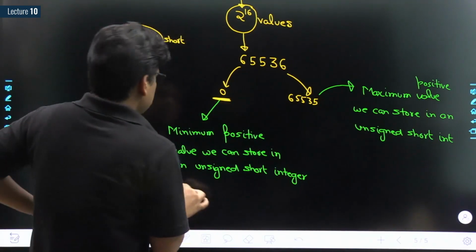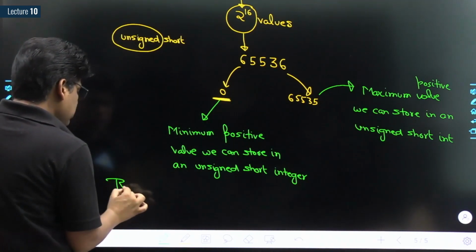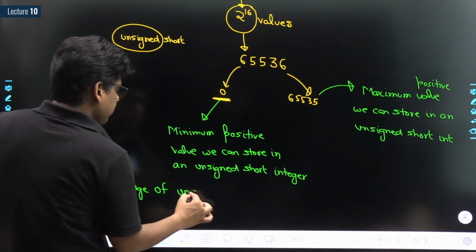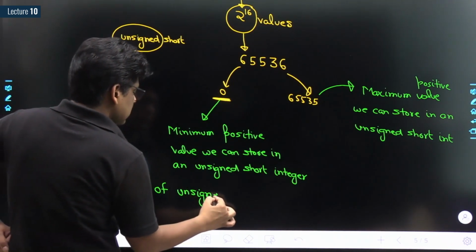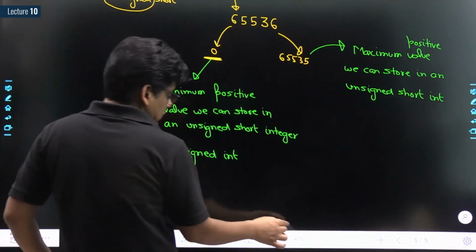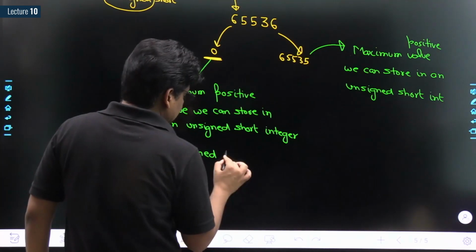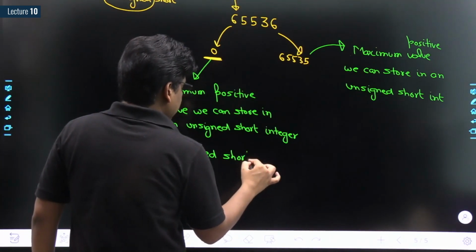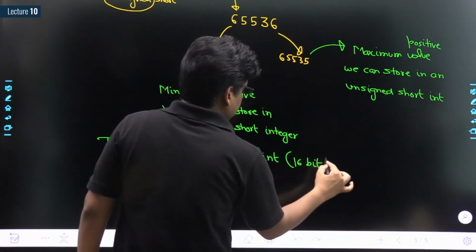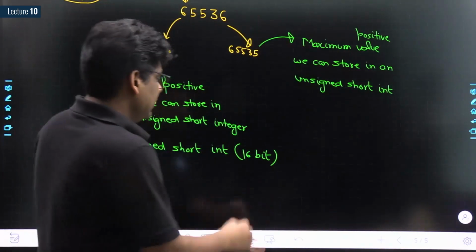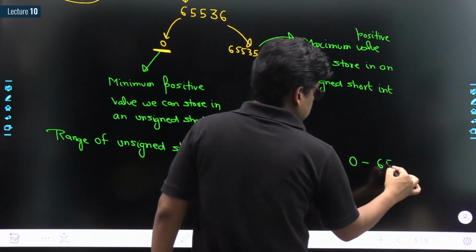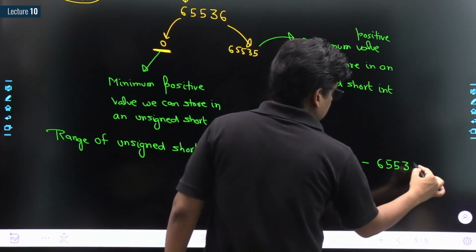That means if I ask you what is the range of unsigned short int, provided I am saying it occupies 16 bits? Sir, it is nothing but the range is 0 to 65535.